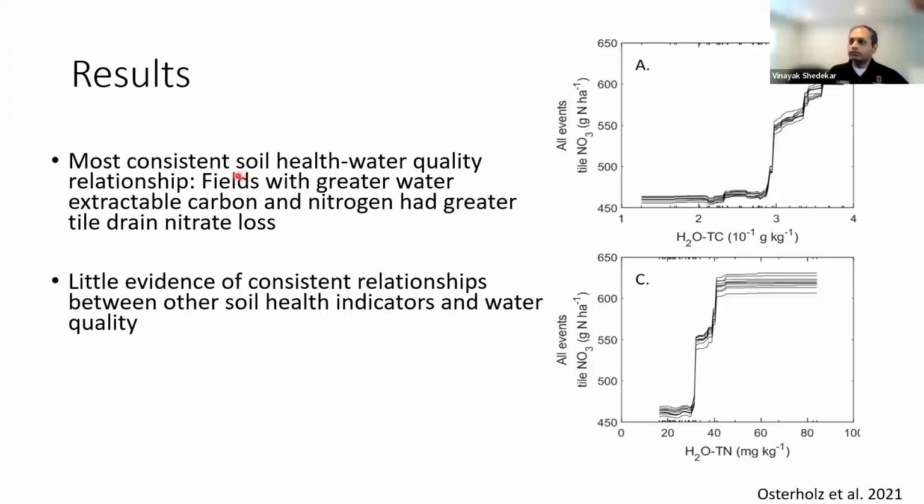There is a very consistent soil health and water quality relationship for fields with greater water extractable carbon, another component of the organic matter, and nitrogen. On the x-axis here, you see the water soluble organic matter or carbon, and here you see the nitrate loss from tile drainage.